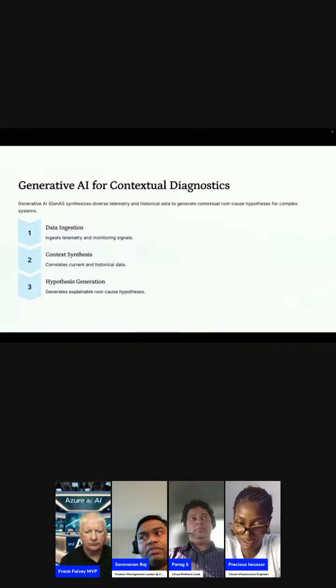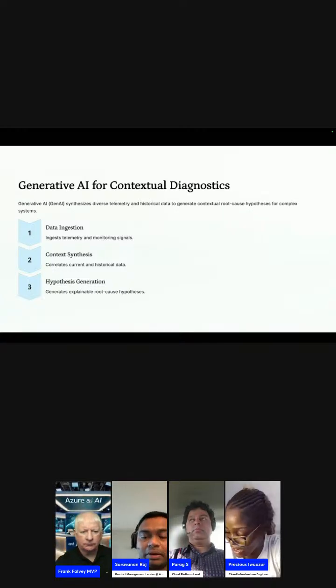And if you see slightly different problems, and this could be a gradient of problems, you could act in a different way. That's the context synthesis. We also need to provide these types of prompts to generate the hypothesis for the root cause by the AI-driven system. That's the first step.